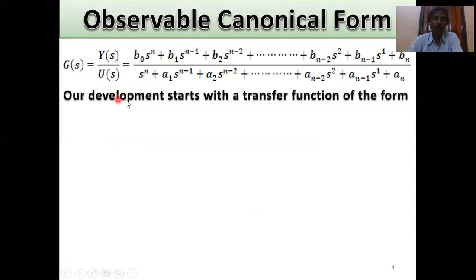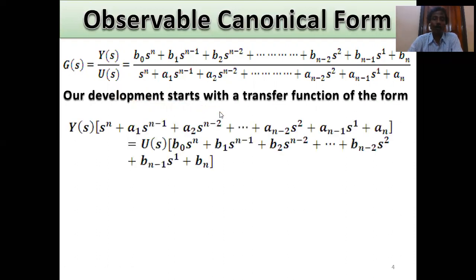So our development starts with the transfer function of this form. First, cross multiplication.